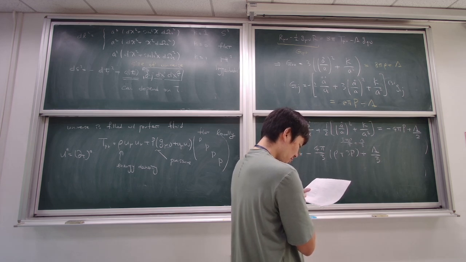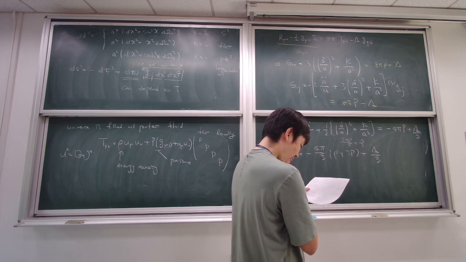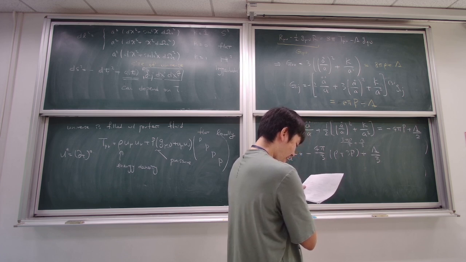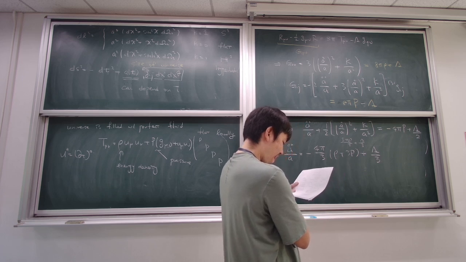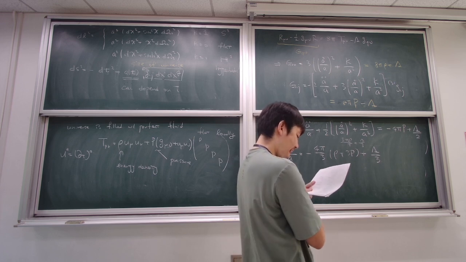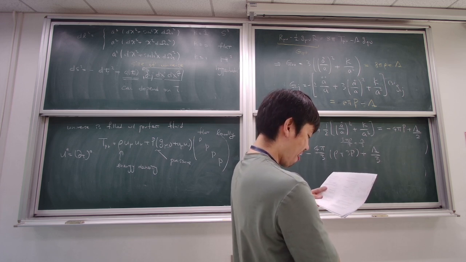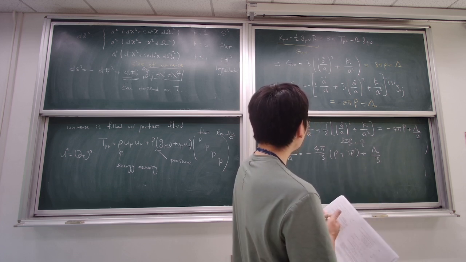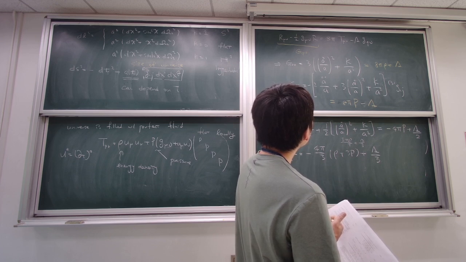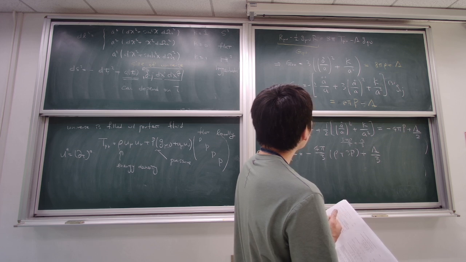What's going on? Well, in g_ij, it looks like you substituted just a flat metric on the right hand side, because you have minus lambda.